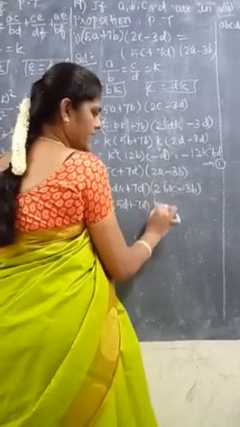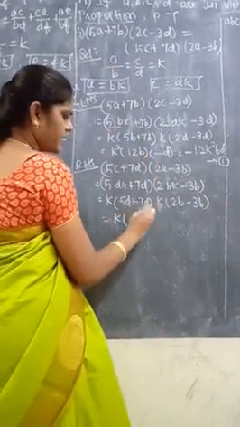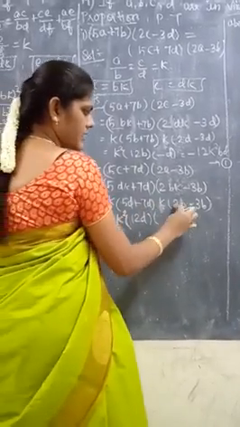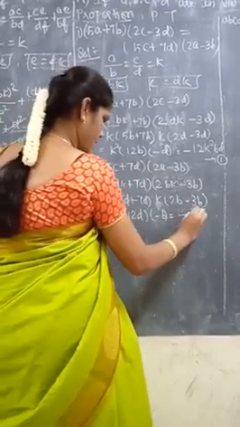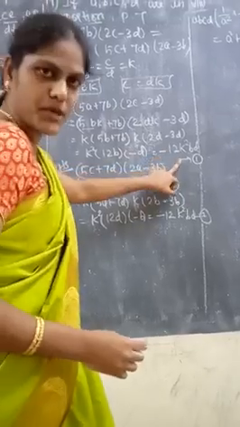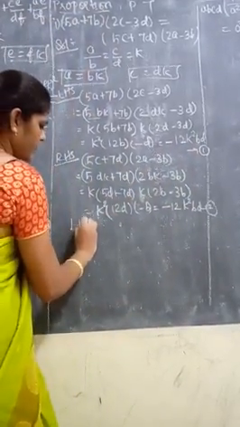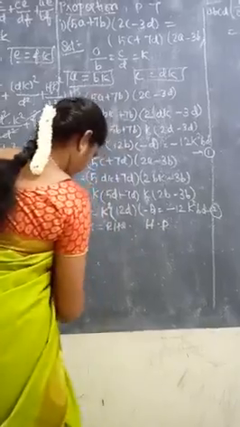Here also take B as common, remaining 2K minus 3. So BD into K into K, K square. So 12 K square BD. Take this as equation number 2. So listen, equation number 1 and equation number 2 both are same. So automatically left hand side is equal to right hand side, hence proved.